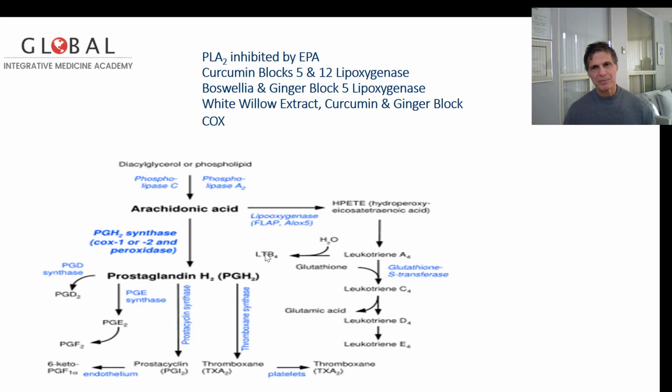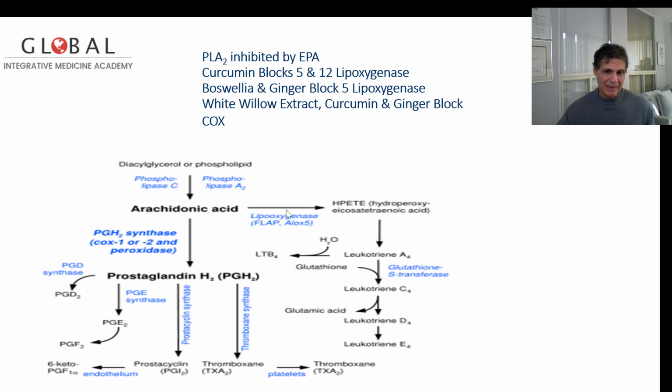So in rheumatoid arthritis, as an example, in the synovium of the rheumatoid arthritic patient, the white blood cell count is extremely high, and those monocytes morphing into macrophages are producing copious amounts of leukotriene B4 and promoting a lot of that inflammation. It's where a lot of it's coming from. So being able to block lipoxygenase is important.